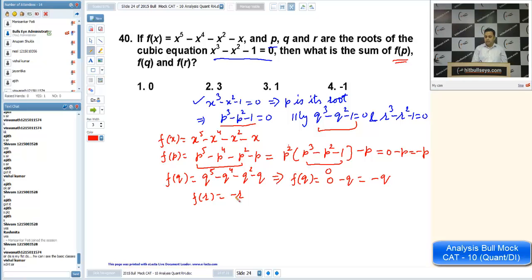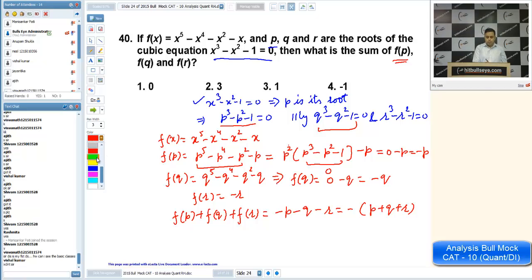Now the question is asking about the sum of these three terms, f of p plus f of q plus f of r. This will be equal to minus p minus q minus r, or take negative sign common, it will be equal to minus of p plus q plus r.